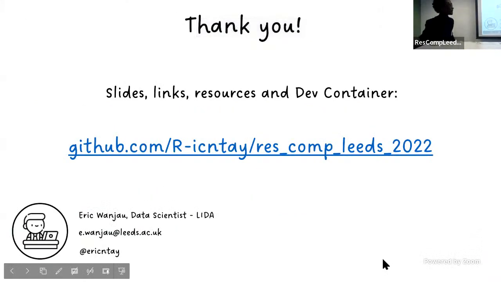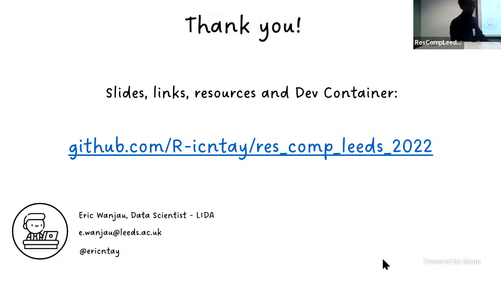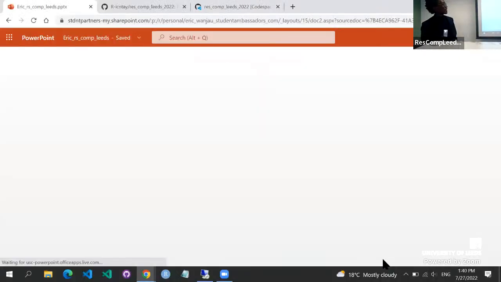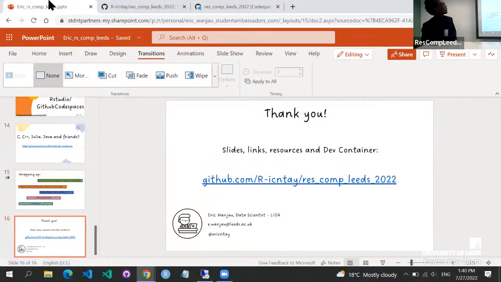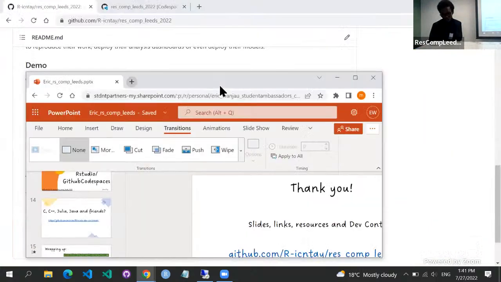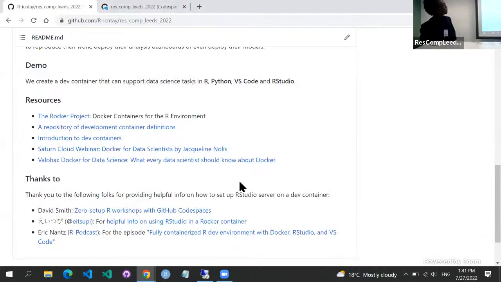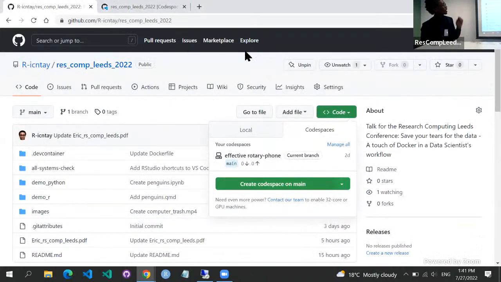So thank you, and here's the repo with the slides, the link, and the dev container. If you have GitHub Codespaces, which is GitHub on the cloud, you can also run this.